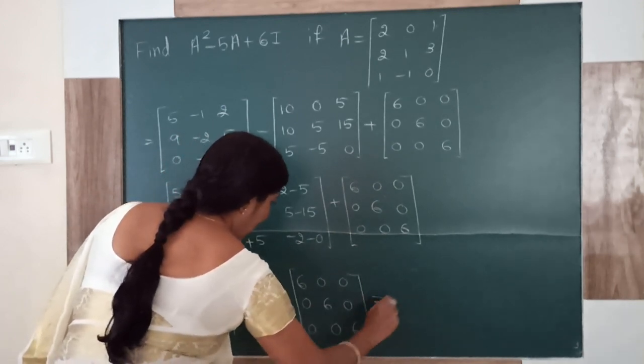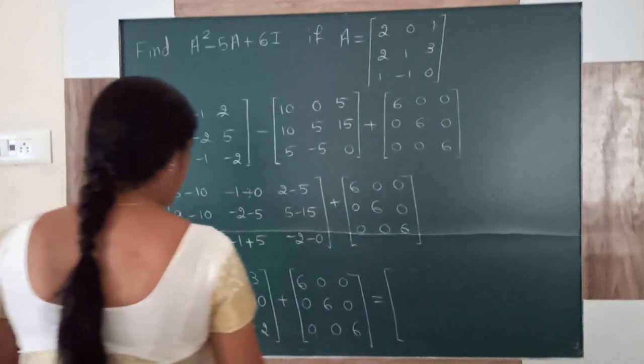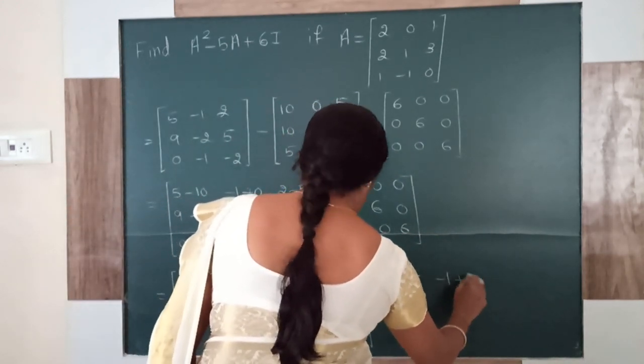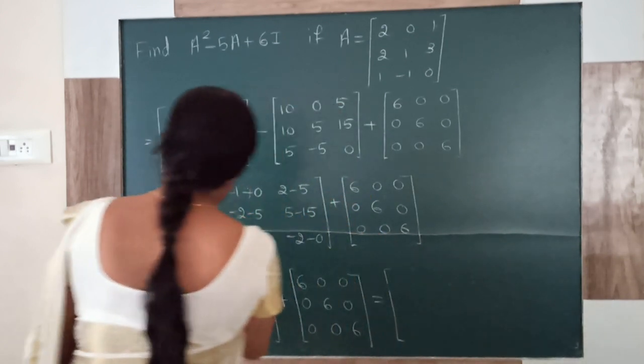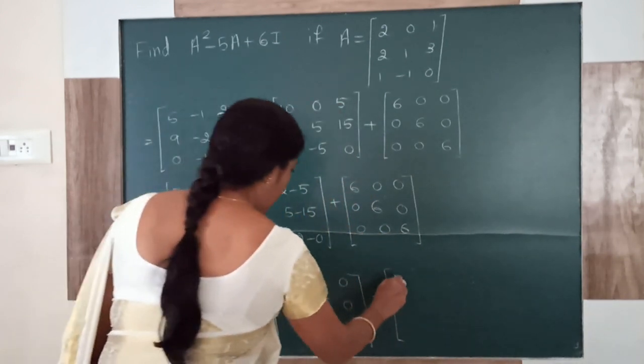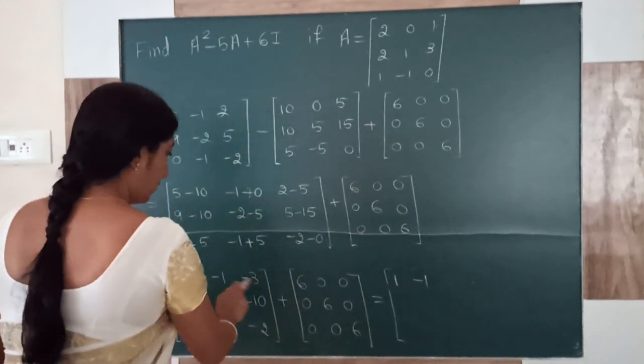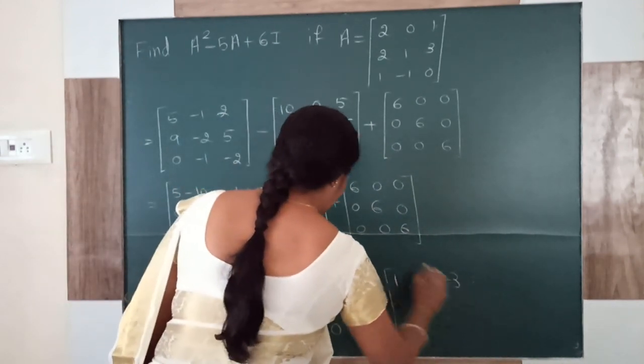So just add these two. Shall we write directly? Minus 5 plus 6 is 1. Minus 1 plus 0 is minus 1. Minus 3 plus 0.